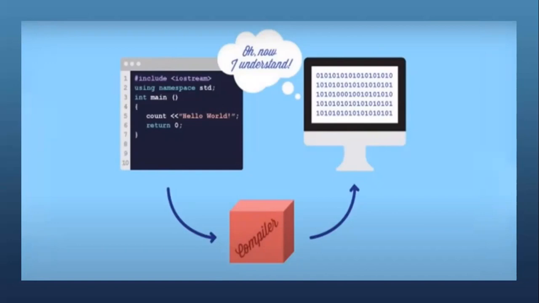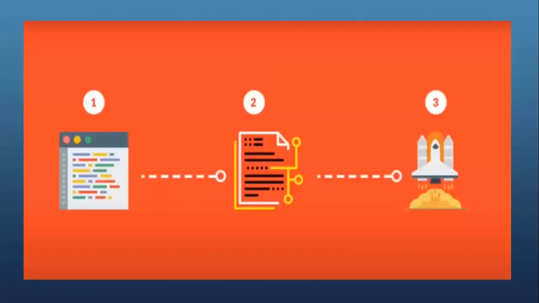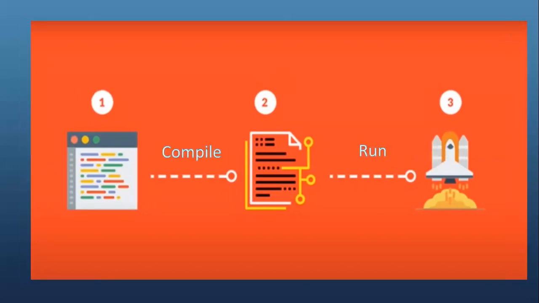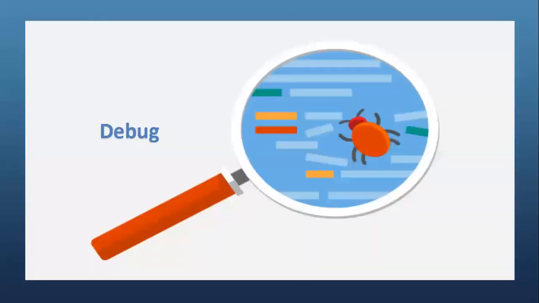But unlike a text editor, an IDE, which stands for Integrated Development Environment, is a software tool which has a lot more functions to make programming easier for the user. It has a built-in text editor and compiler along with easy-to-use tools, menus, and buttons to compile, run, debug, analyze, and save the program.